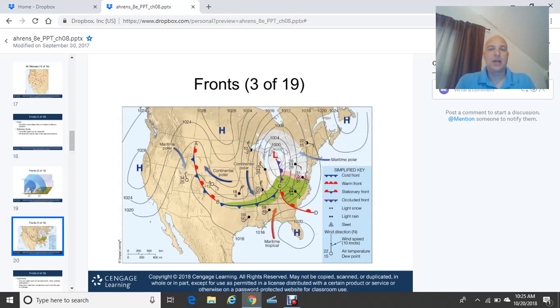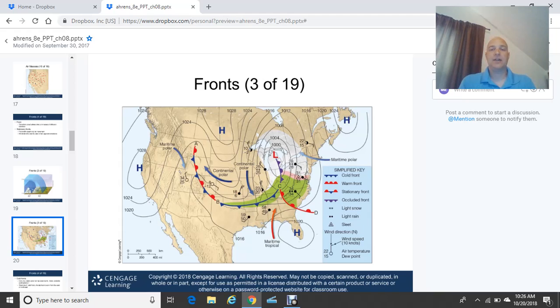Okay, there's a purple line that extends out of that red L, and that is known as an occluded front. It's purple, it has a triangle and a semicircle on the same side. You can see the simplified key there on the bottom right of this image too to help you identify the different types of fronts. But the occluded front is identified by a purple colored line, and it has both the triangles and the semicircles on the same side of the line.